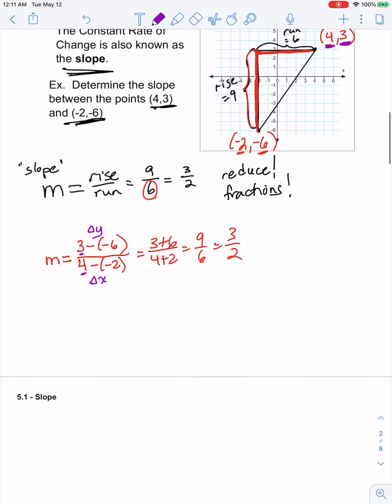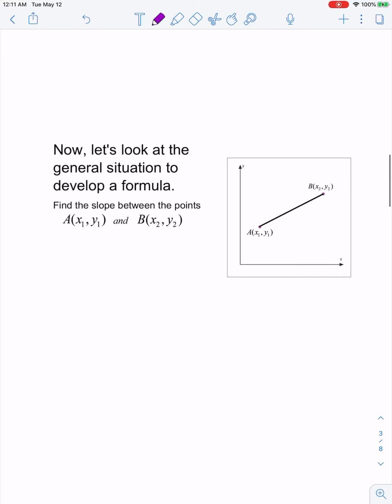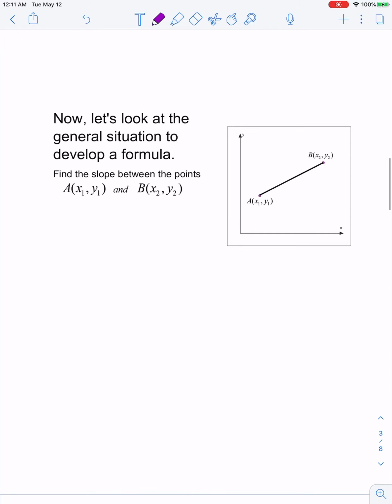All right, so then the next page here looks at, well, what is that formula in general terms? So if we have any old point, (x1, y1), that little 1 on there is just telling you that it's the first point. This is the x coordinate on the first point. This is the y coordinate on the first point. And then the (x2, y2), these are subscripts.